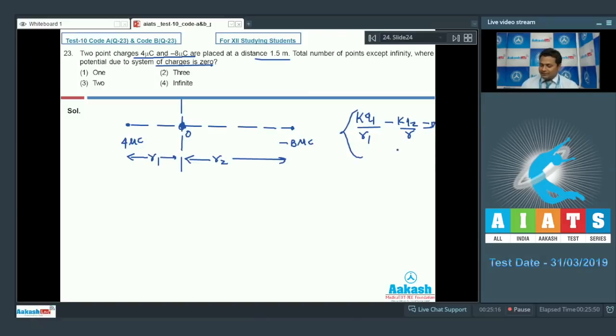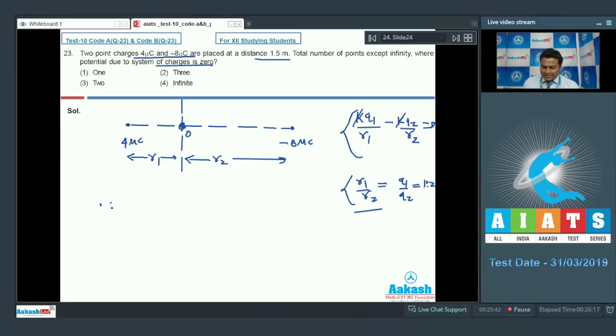Now after solving, k cancels out. So the ratio of r1 and r2 will be q1 upon q2, that is 1:2. It means for any point, if the ratio of r1 and r2 is 1:2, then at that point the potential will be 0.